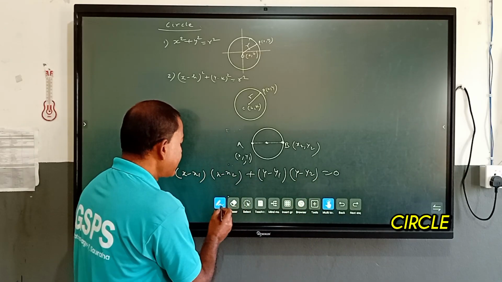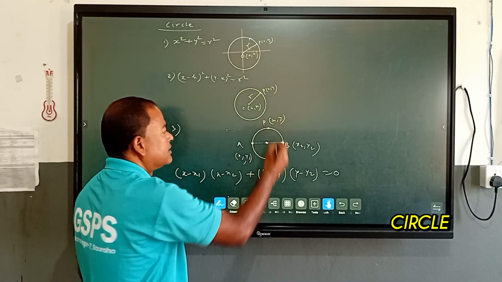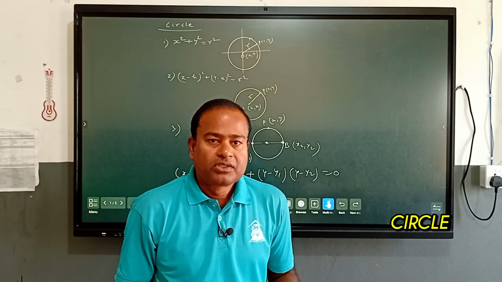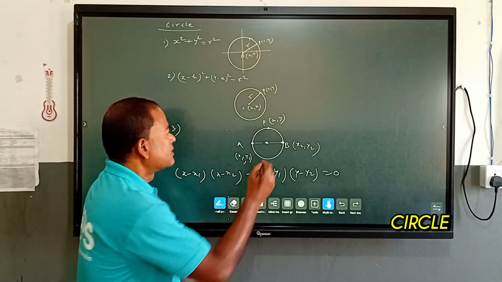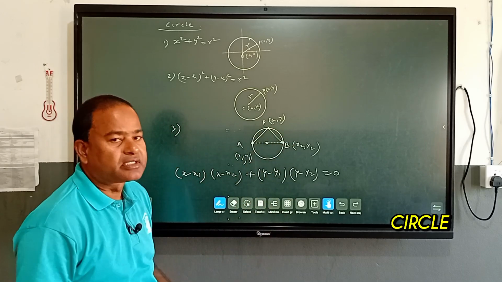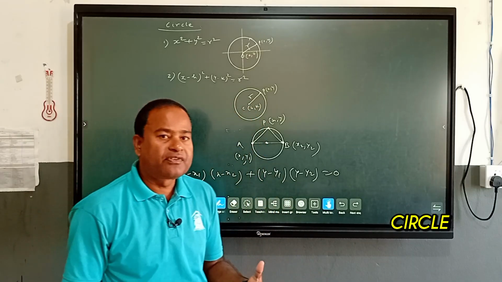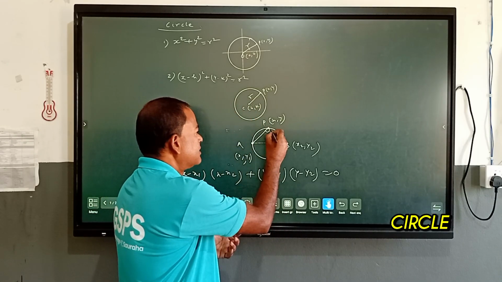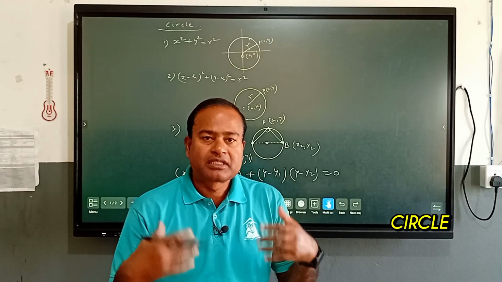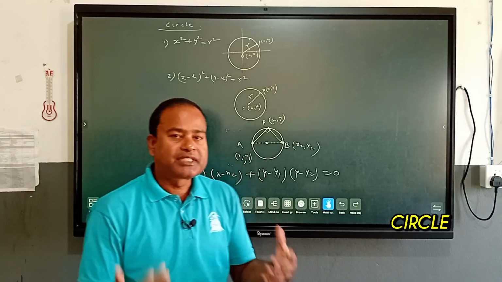Dear students, the point x comma y is the moving point, which lies at the circumference of the circle. To derive the equation of circle in the diameter form, we take the slope of AP and the slope of BP, and we know that angle in the semicircle is a right angle.